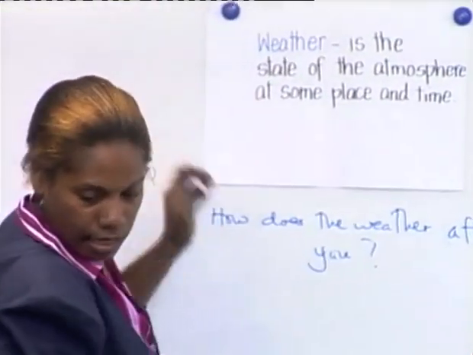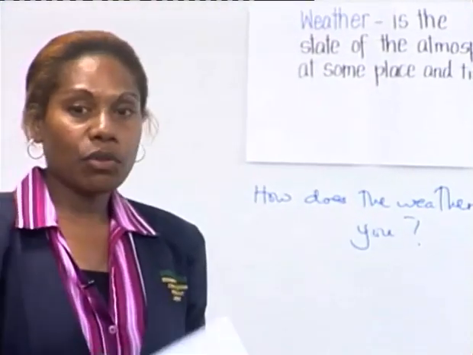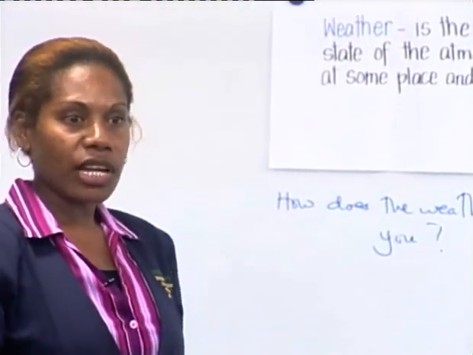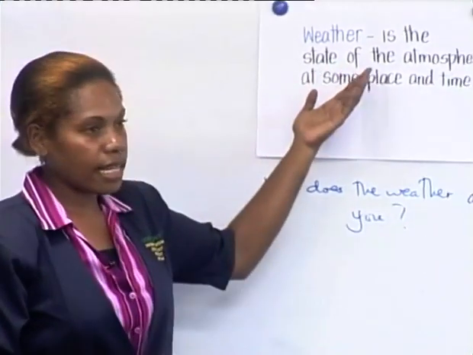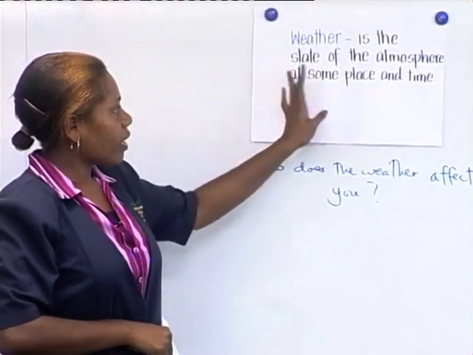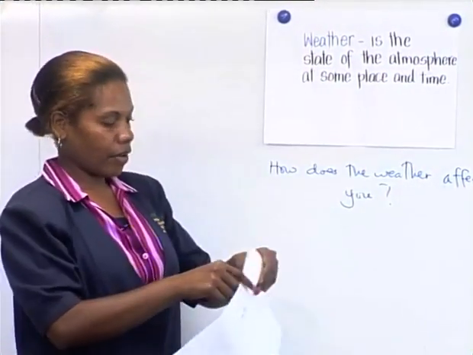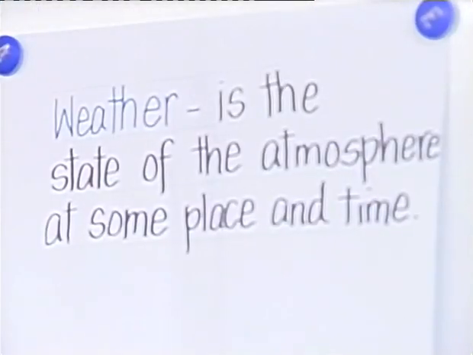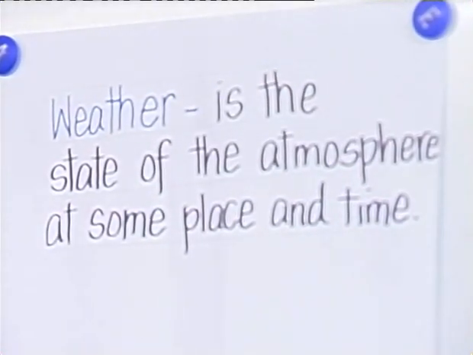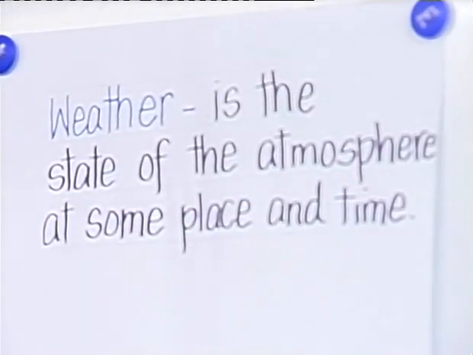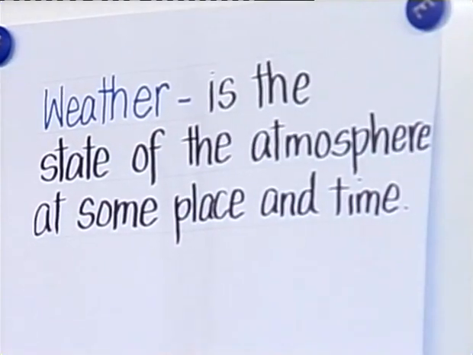Okay, weather is the day-to-day amount of rainfall, sunshine, wind, or temperature, or we can say, in other words, weather is the state of the atmosphere at some place and time. Climate is the overall pattern of weather for a long period of time.